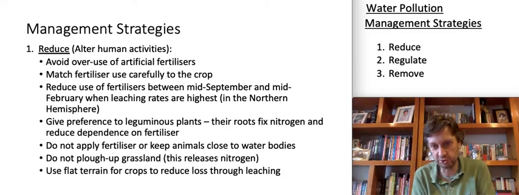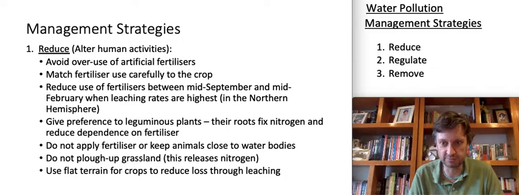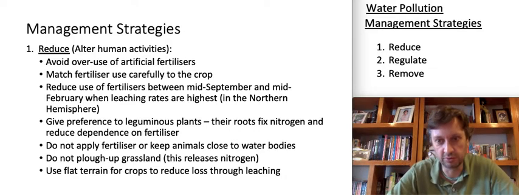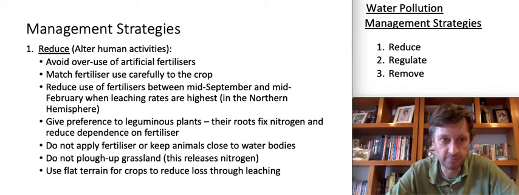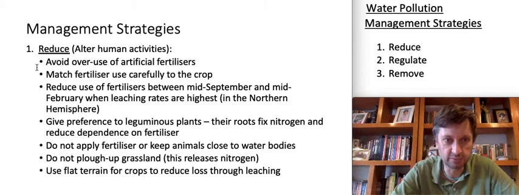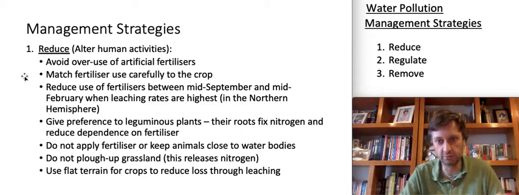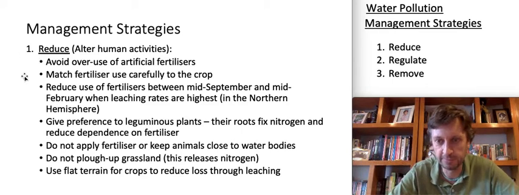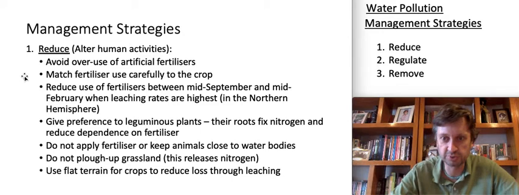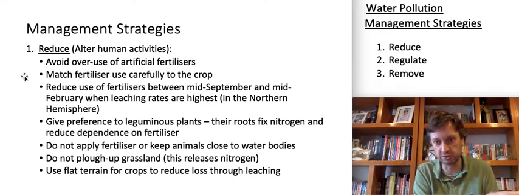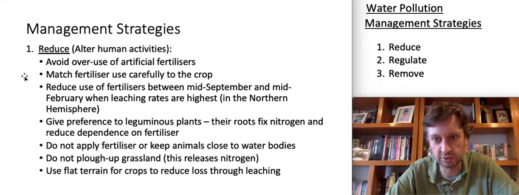So depending on what the source of the pollution is, let's say it's farmland, or it could be gardens, golf courses. What you might consider is forcing people to avoid the overuse of fertilizer. If you only apply the correct amount of fertilizer to your crop, or to your grass, or to your golf course, you reduce the runoff so much that you could solve the problem of eutrophication there.